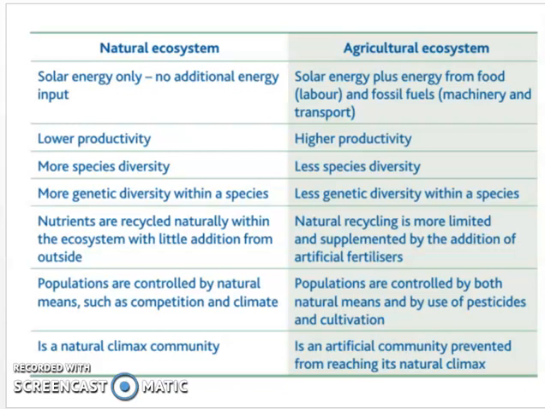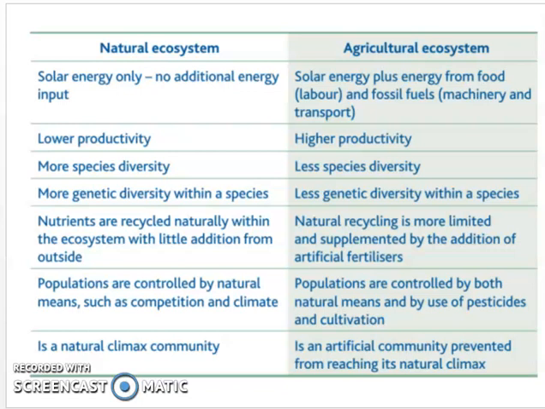Natural ecosystems have a lower productivity, which is much higher in agriculture. But in a natural ecosystem, there is a higher species diversity compared to the modern system. There's more genetic diversity within a species compared to less.